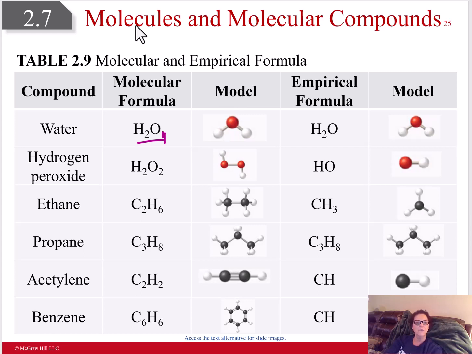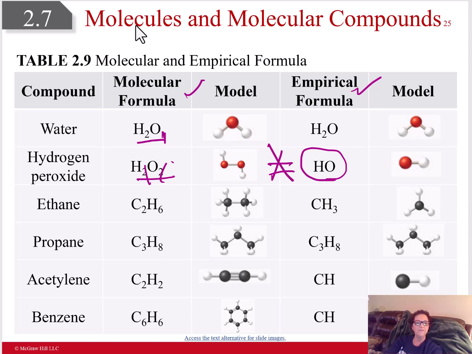So the molecular formula and the empirical formula, that is the lowest whole number ratio, is the same. In hydrogen peroxide, though, we have H2O2, so the empirical formula for that would be HO, because you could divide both of those by 2. HO is not the same as H2O2.